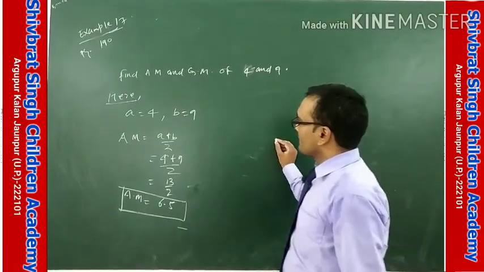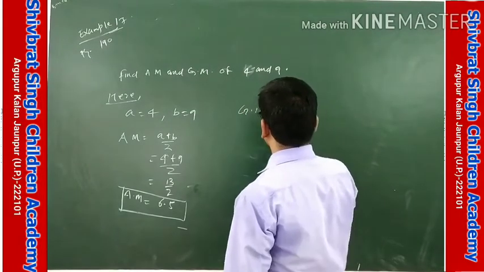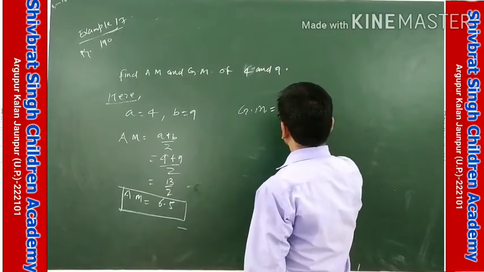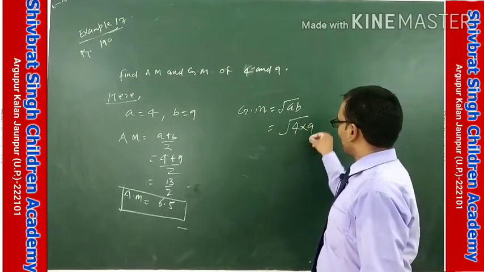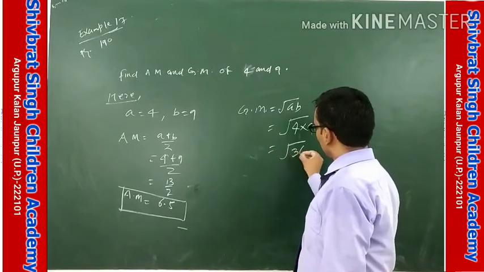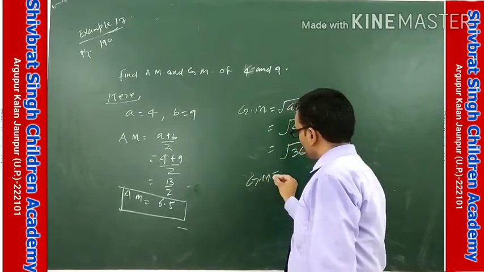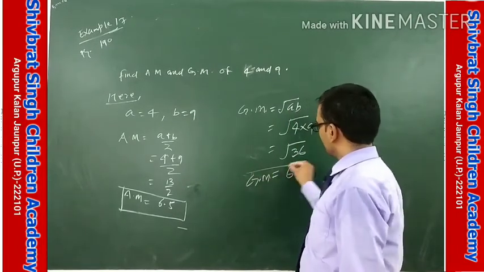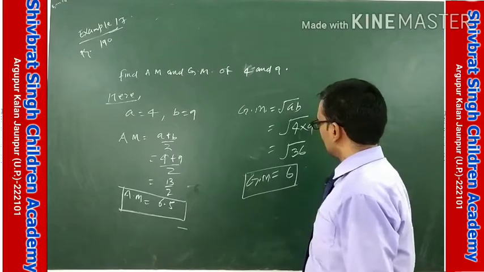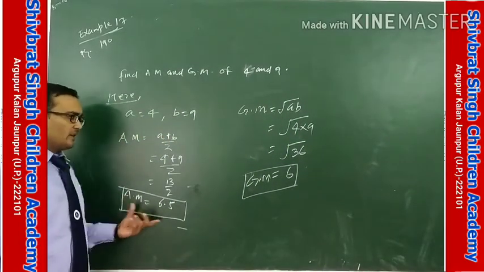Again, find the geometric mean of 4 and 9. Square root ab, square root of 4 multiplied by 9, square root 36, GM is equal to 6. Here we compare the AM and GM.